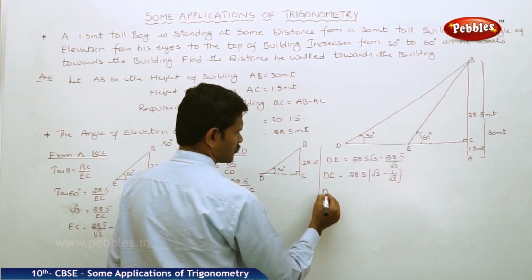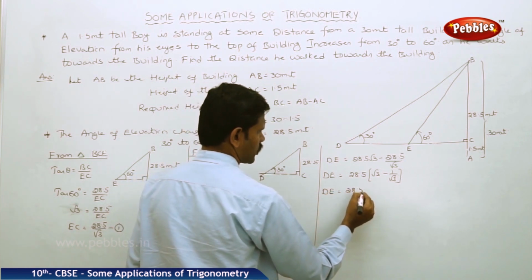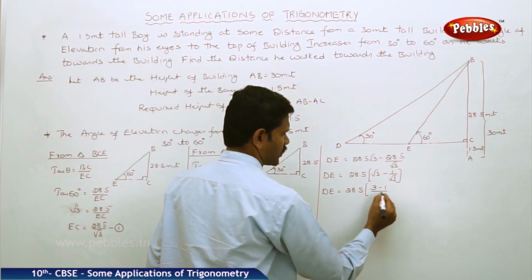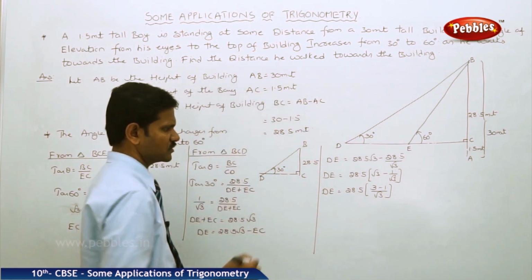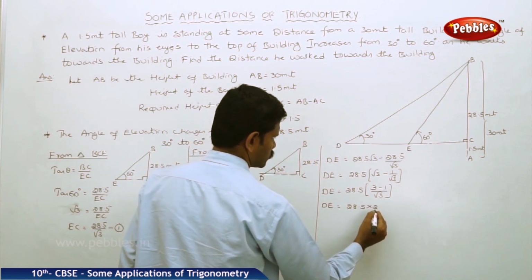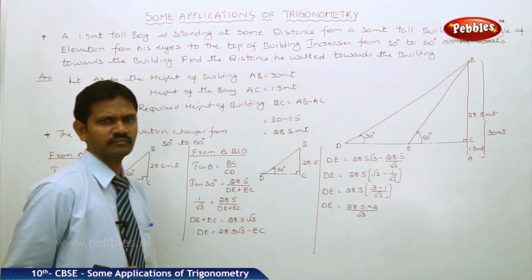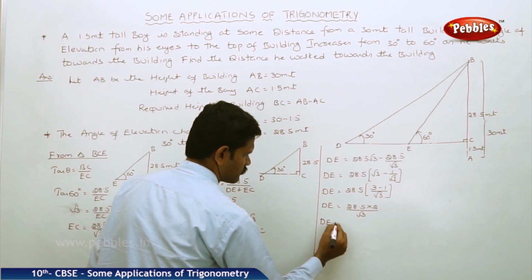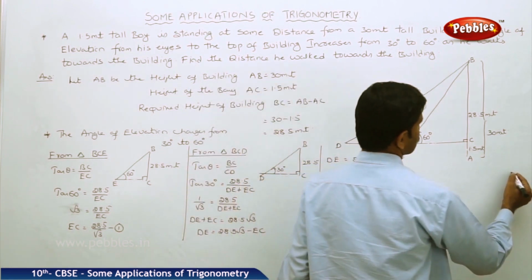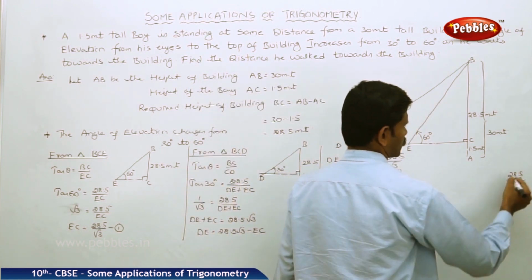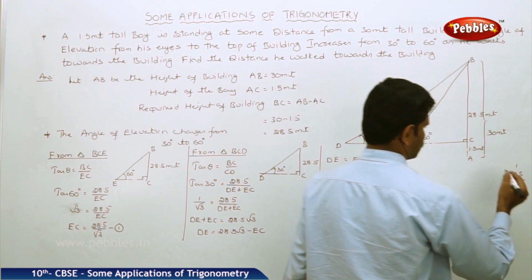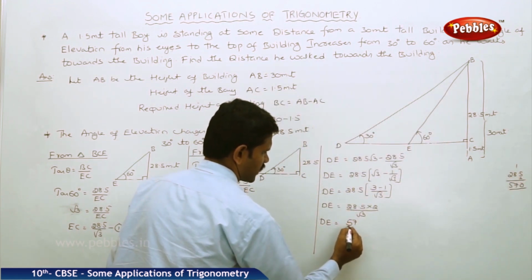That is DE is equal to 28.5 into 3 minus 1 by root 3, that is DE is equal to 28.5 into 2 by root 3, that is DE is equal to 57 by root 3.